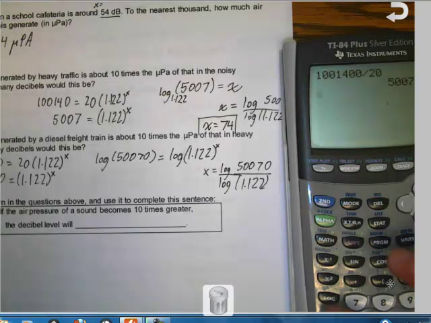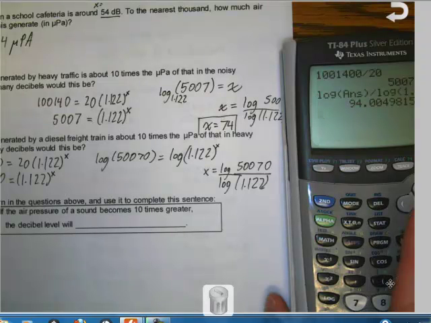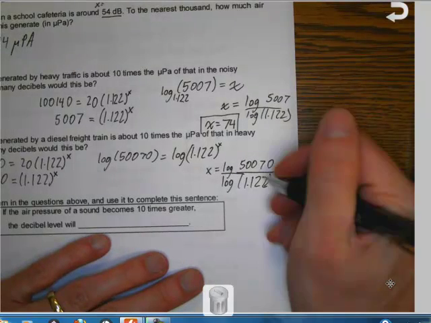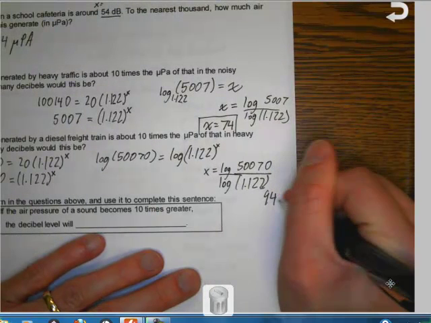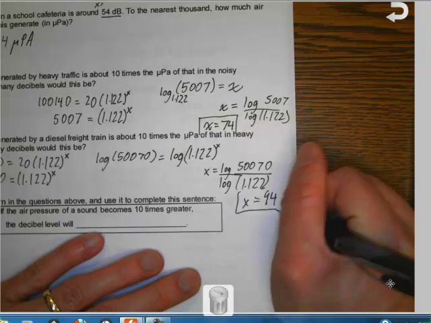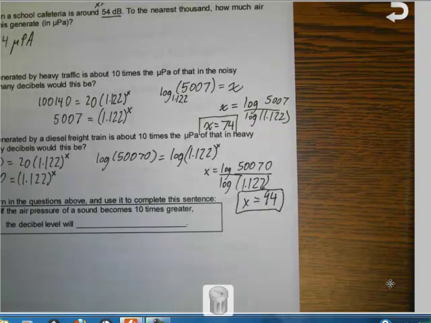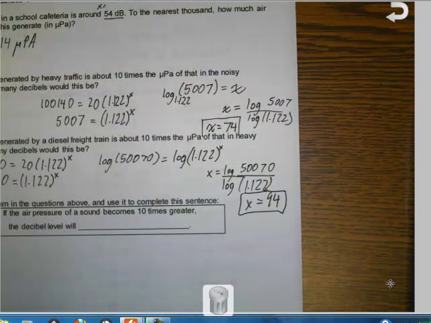So take the log of our previous answer, divided by the log of 1.122, and we get 94. And so we find that for every 10 times, our constants go up by 20.